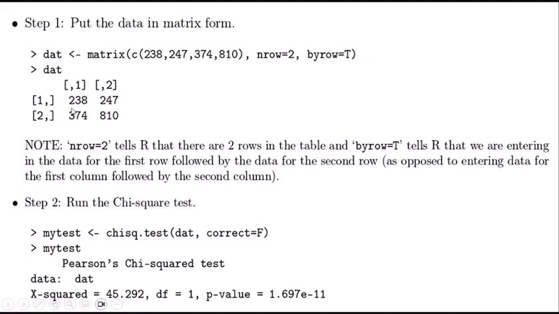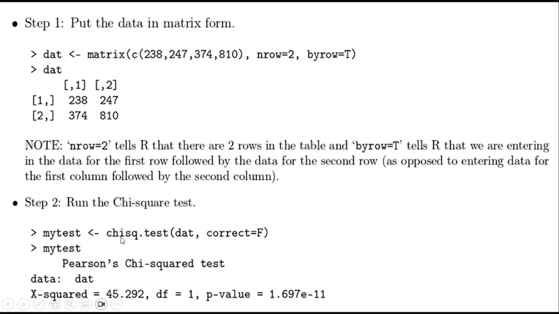You need to first have your data in matrix form before you can implement analysis of categorical variables in R. After that, step two, now that you have your data set in, is to run the chi-square test. You're going to say mytest, less than minus, chisq.test.